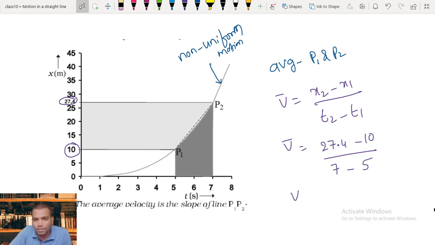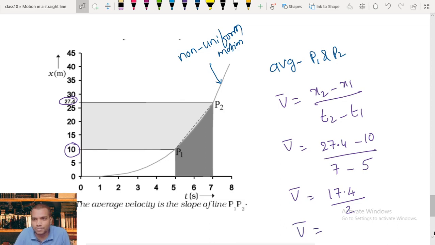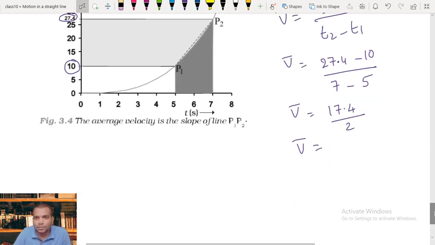Now the average velocity V bar equals 27.4 minus 10, which gives 17.4, upon 2. If we divide that, roughly 9 twos are 18, so 8 twos are 16, we get 8.7.